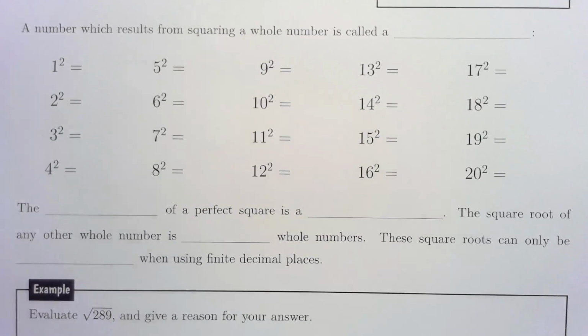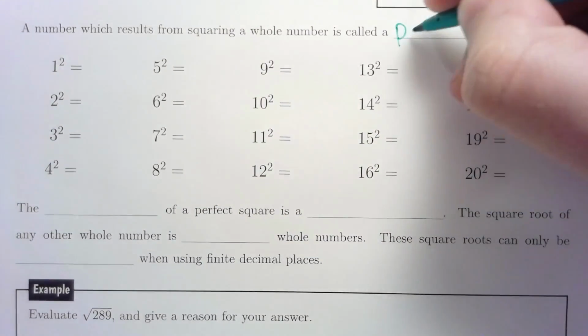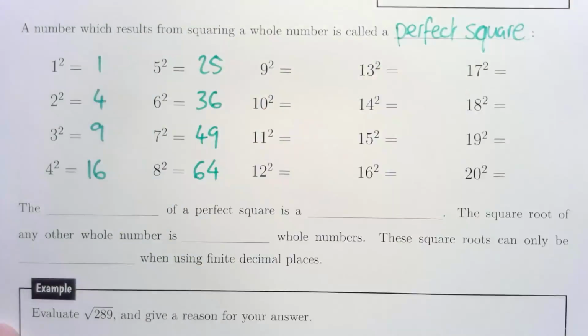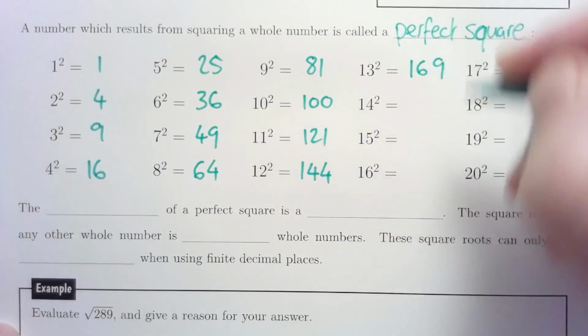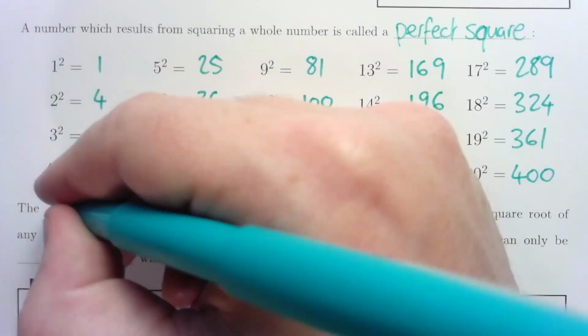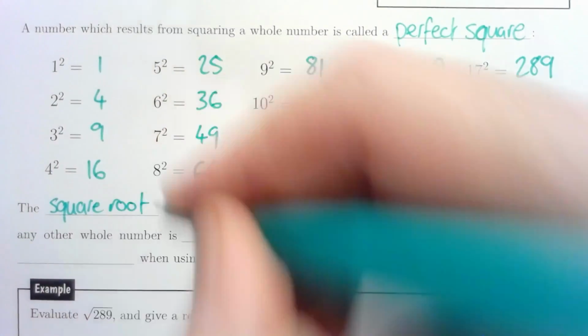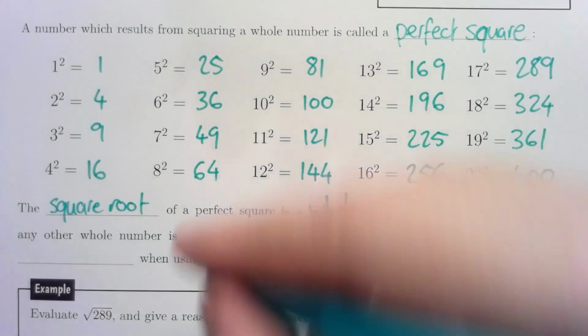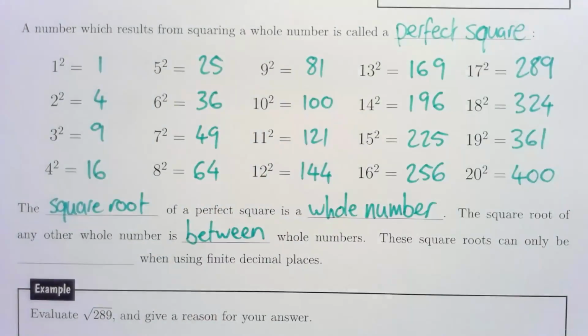Now a number which results from squaring a whole number is called a perfect square. In fact, we can find the first 20 perfect squares by squaring the numbers 1 through 20. The square root of a perfect square is always a whole number, but the square root of any other number will be between whole numbers.